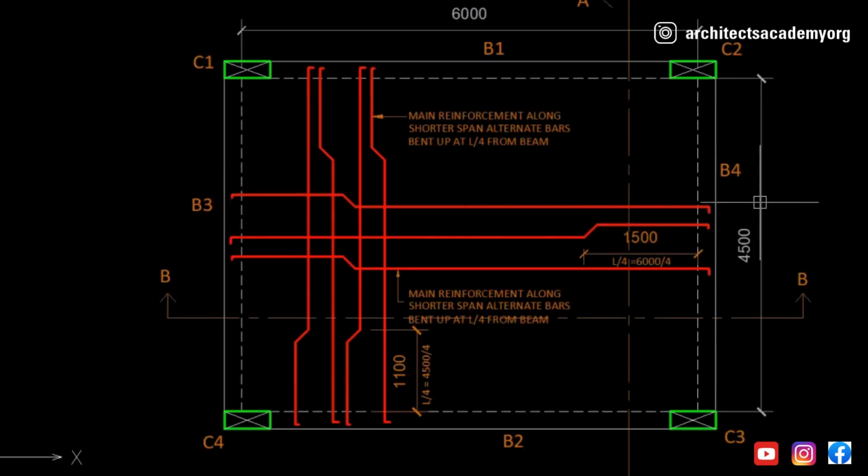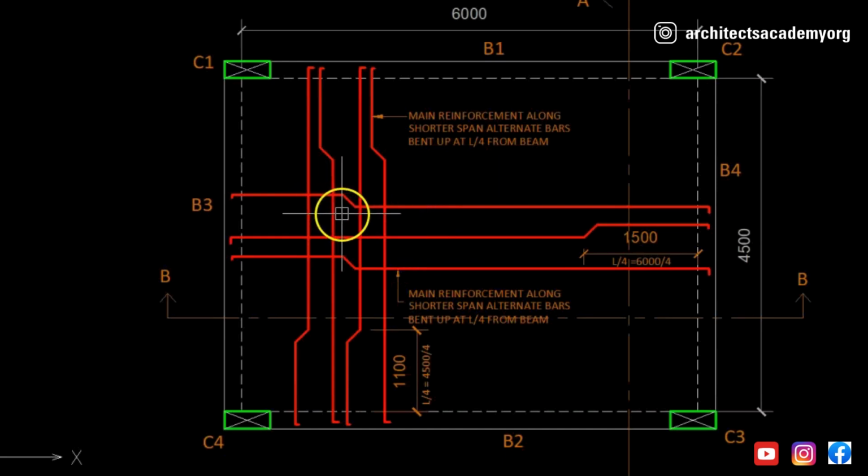The reason for the bars being bent up at this distance of L by 4 we had seen last time in the lecture on one-way slab, but we'll see that again later on, why these bars need to be bent up. So this is the main reinforcement in the longer direction, and you will also see that in the shorter direction also the similar type of reinforcement continues. So these two main reinforcements are crisscrossing each other.